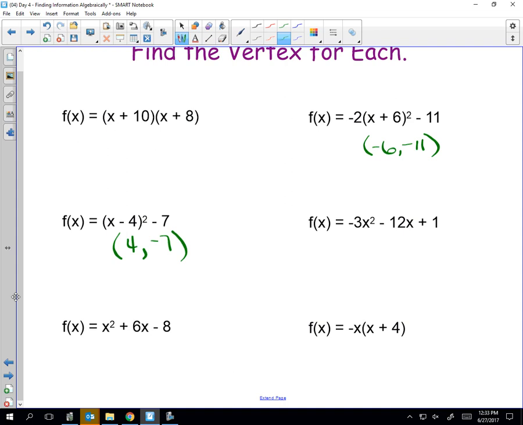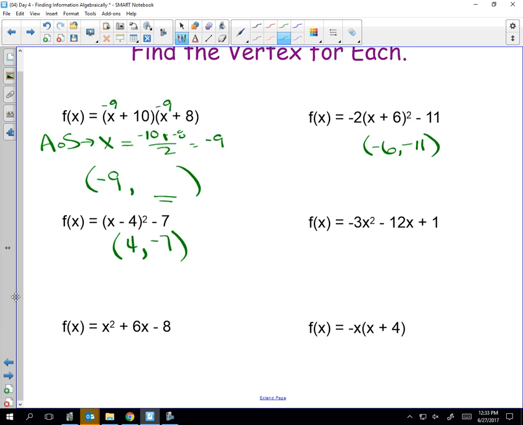What we always have to do is find the axis of symmetry. Okay, so remember, we're finding the AOS first, axis of symmetry. X equals the average of negative 10 plus negative 8. So we've got a negative 9. And then we plug that negative 9 into the function to solve for y.